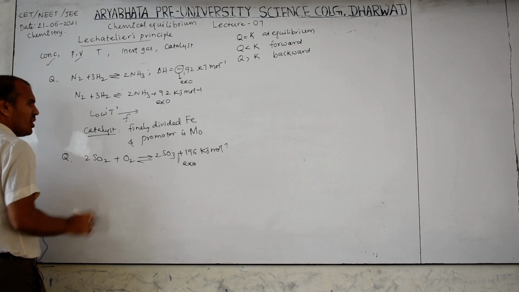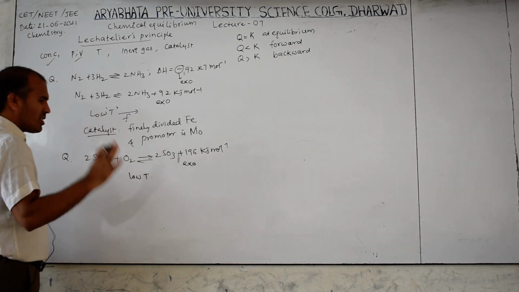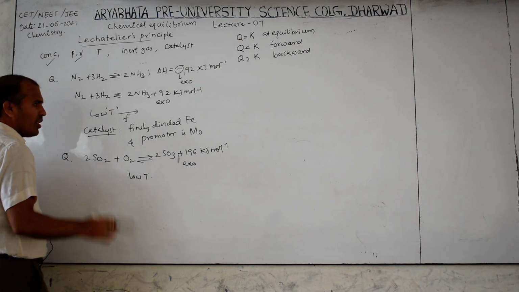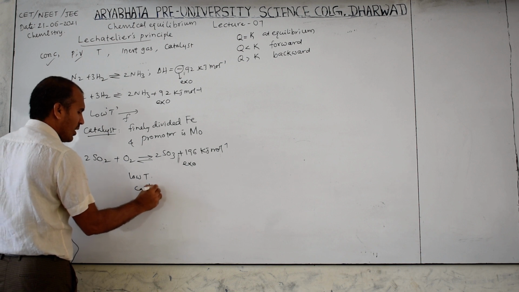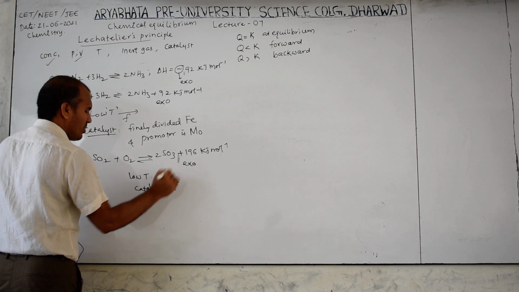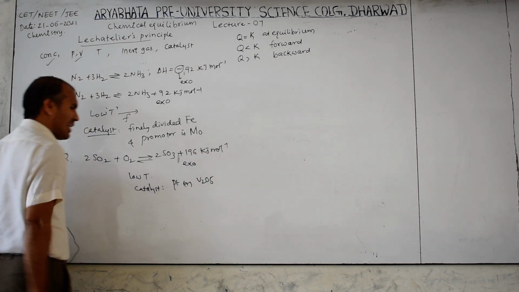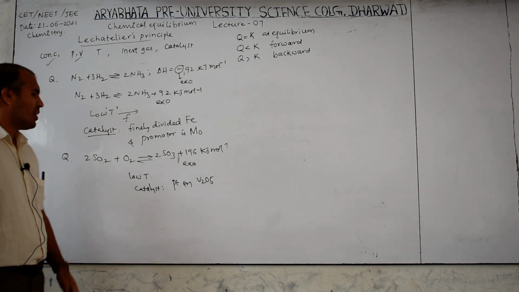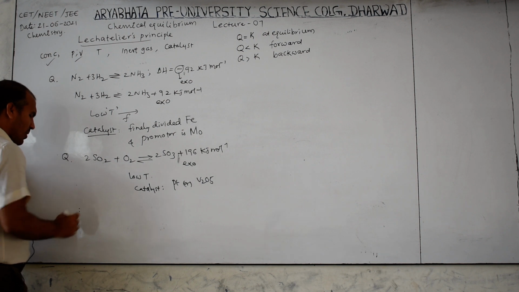Similarly here also low temperature is the favorable condition. Same concept we studied in the p block elements, preparation of SO3. Therefore here the catalyst is platinum asbestos, otherwise V2O5 is used as a catalyst. You have to remember this catalyst, they ask it directly in the exam. Okay, one more example I want to give here.